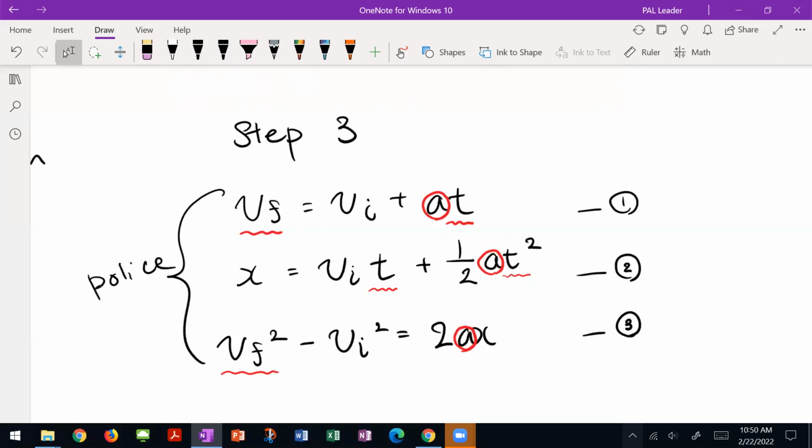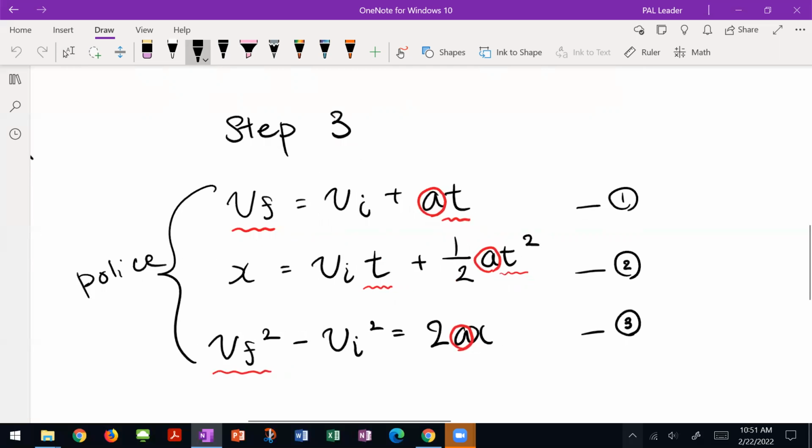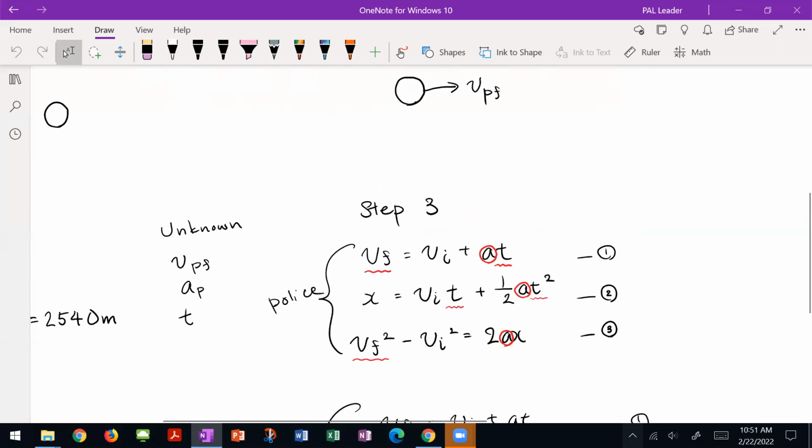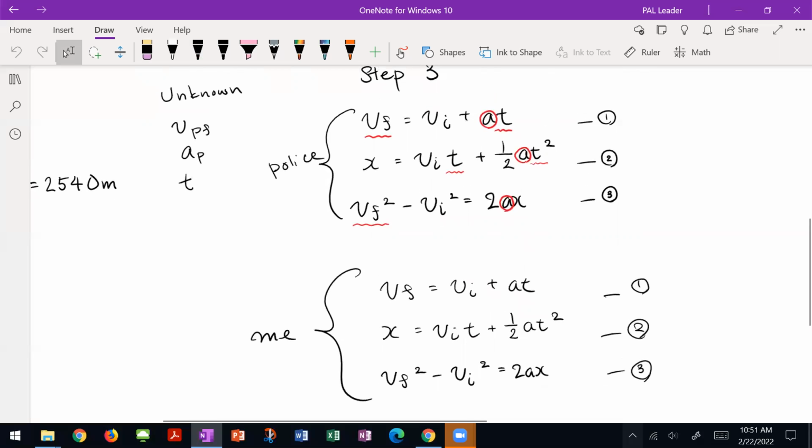We want to find the acceleration. To find the acceleration, we need to find other values, whether that be V final or time. The only variable that connects the police car and us, between the V final and time, is going to be time, right?